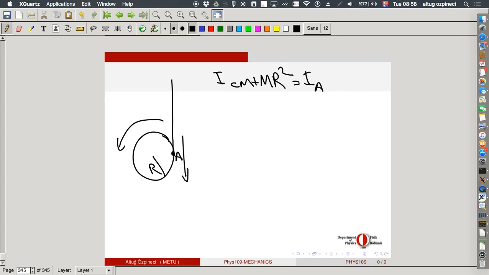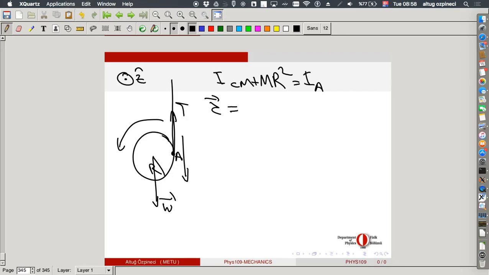What are the forces acting on my yo-yo? There is the weight, the force due to the weight. And there's also the tension, the force due to the tension. There are these two forces. Now let's calculate the torque acting on my object. Let's say this is my z-axis.